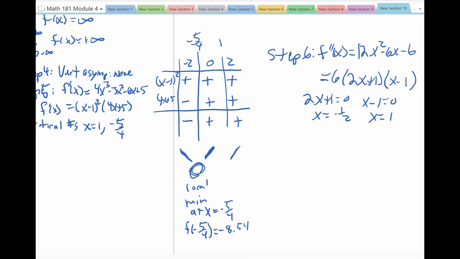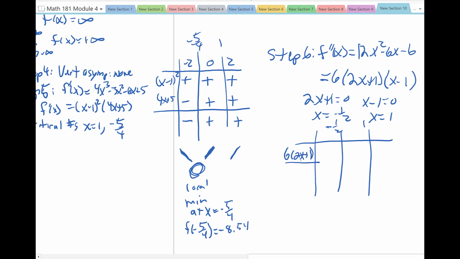And that's where we would likely have inflection points, but let's check that. That's where we have it, if we have a change in concavity. So -1/2, and then +1. And we'll use these factors. That's 6 times 2x plus 1. Then, oh, don't need that line there.